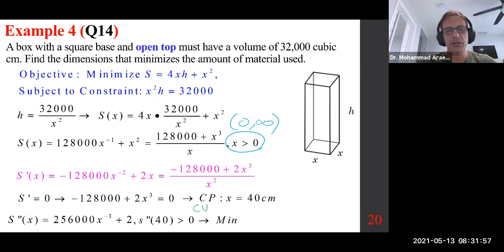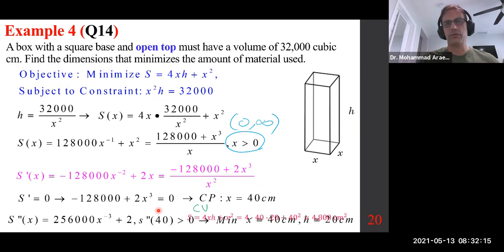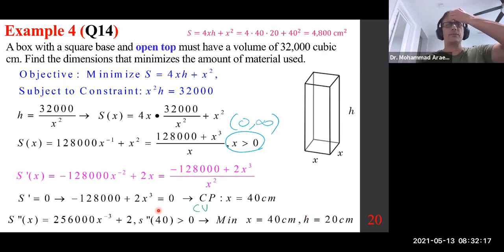And the minimum occurs at the critical point, and therefore this is an absolute minimum because we have an open interval and there's only one critical point. You plug in and you find all the dimensions. You can also find the surface area. They were asking for the dimensions, but we could also find the surface area if we are asked.